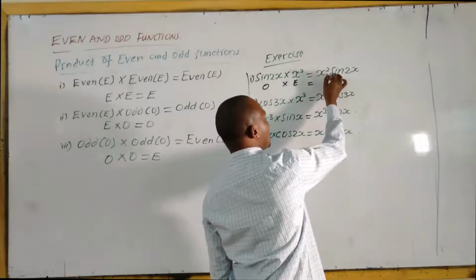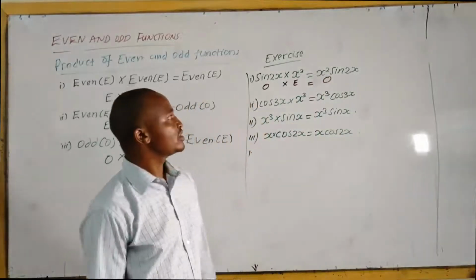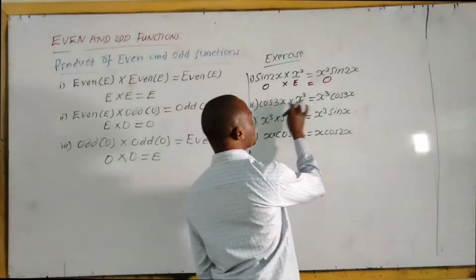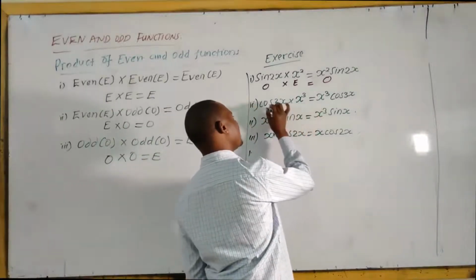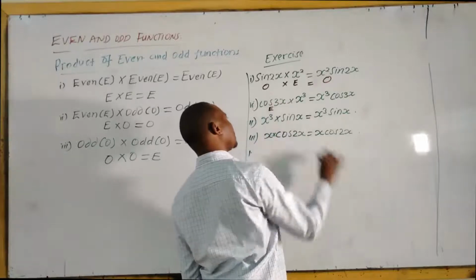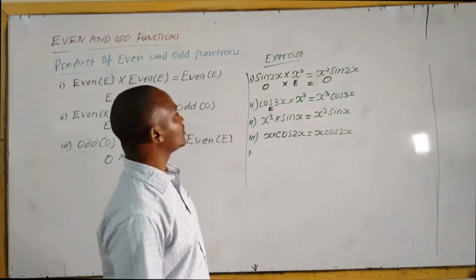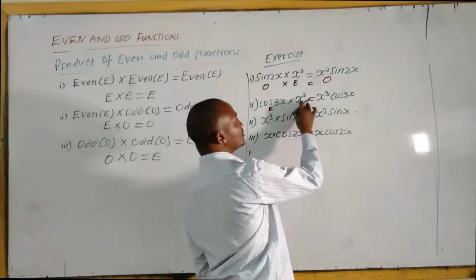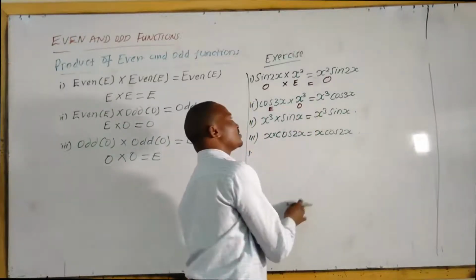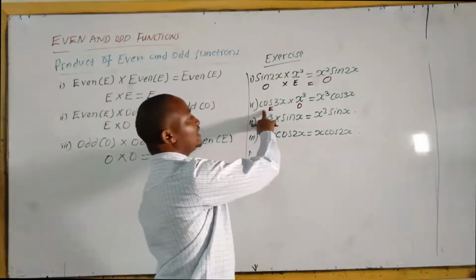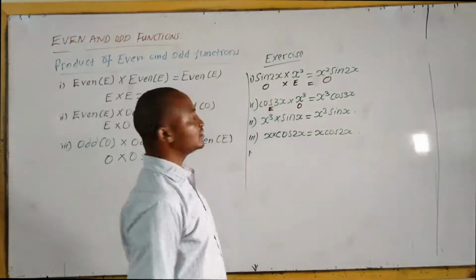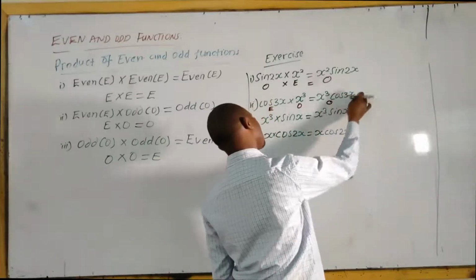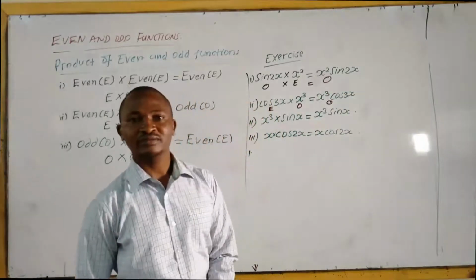To give us an odd function. So x squared sin 2x is an odd function. Cosine of 3x is an even function. Times x cubed, an odd function. So product of even and odd is odd. X cubed cos 3x is an odd function.